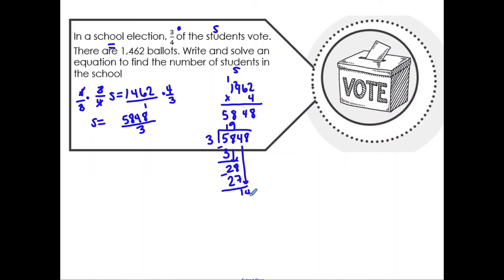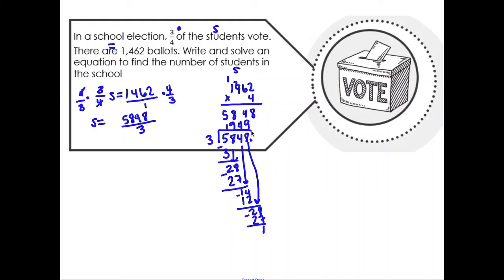Bring down the 4. 3 goes into 14 4 times. 4 times 3 is 12. 14 minus 12 is 2. Bring down that 8. 3 goes into 28 9 times. 9 times 3 is, I'm sorry, 27.